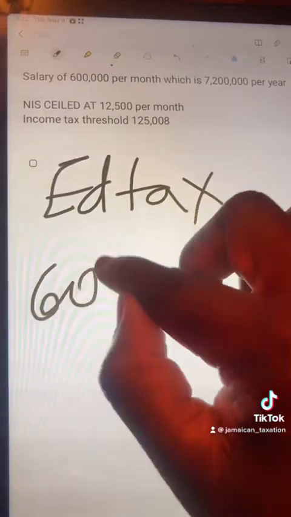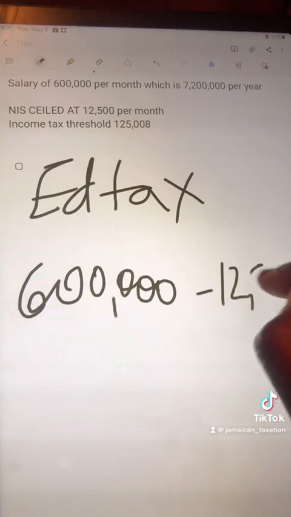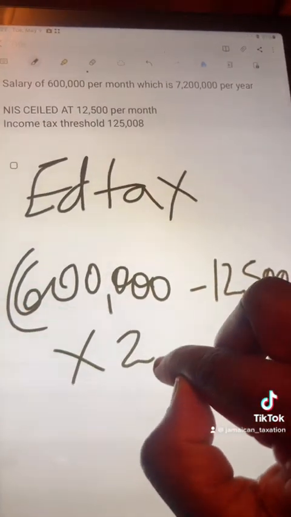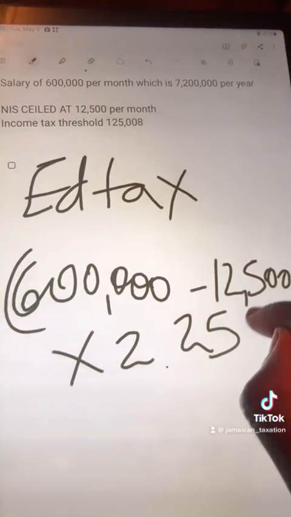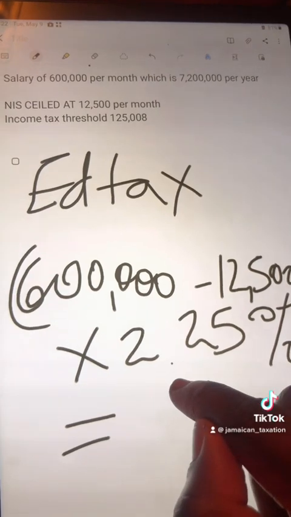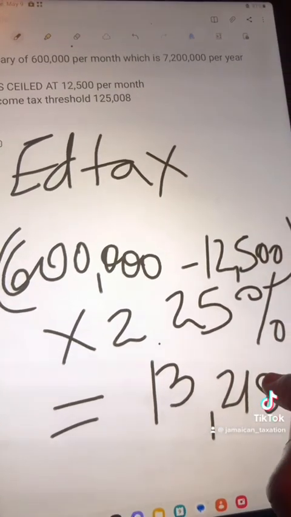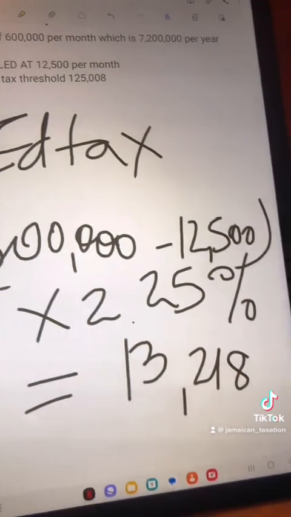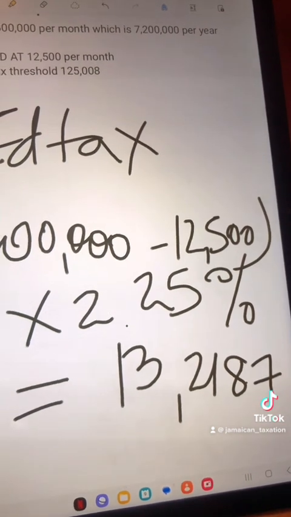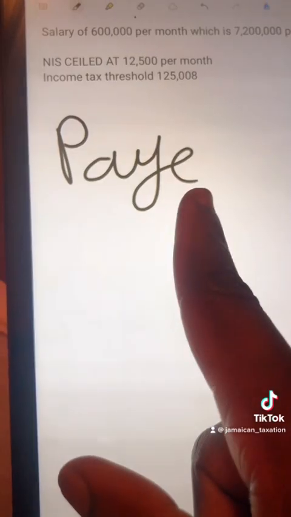So we would have the $600,000 minus the 12.5 times 2.25%, and that gives us 13,218.75.